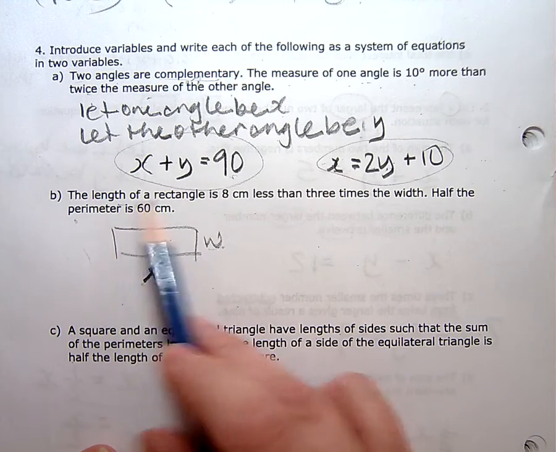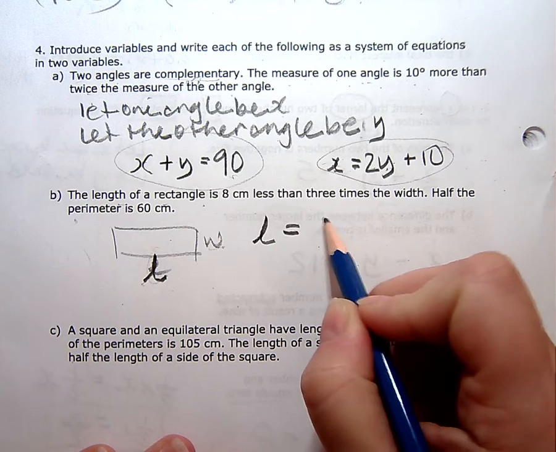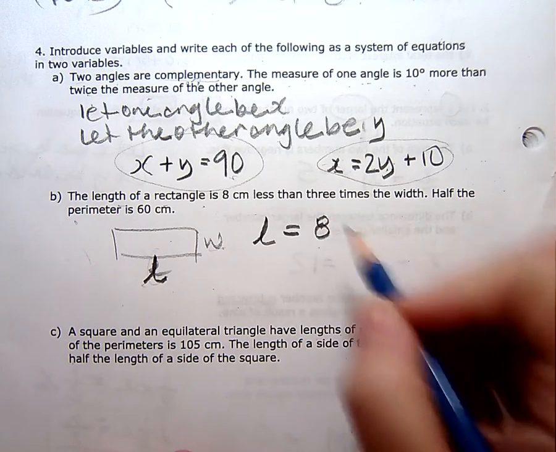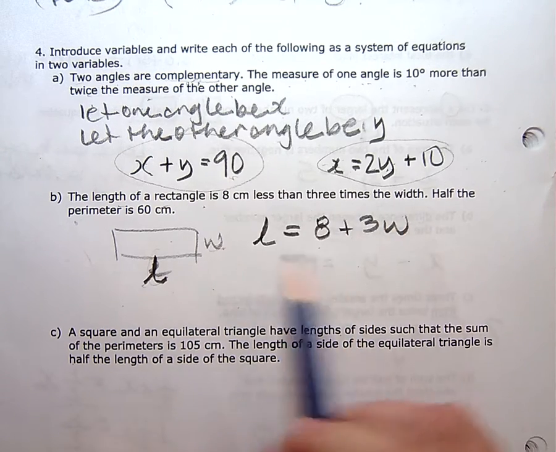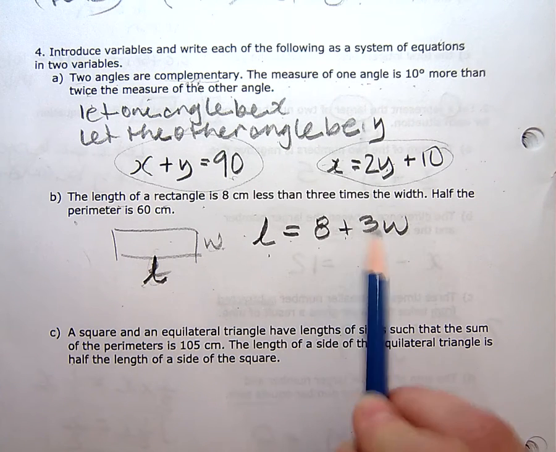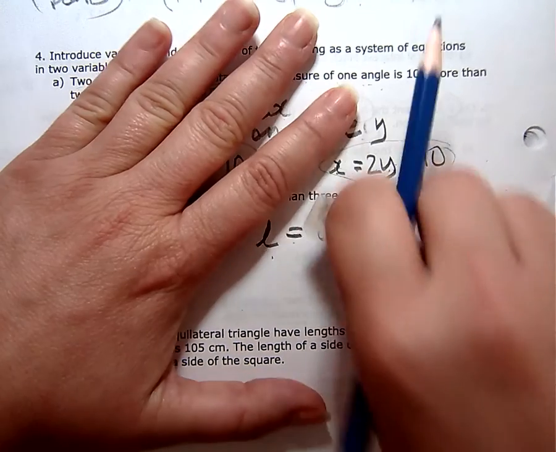So the length of a rectangle is 8 less than 3 times the width. Let me see, did I get that right? It says 8 more than 3 times the width, but I want 8 less than 3 times the width, so I better write it like this.